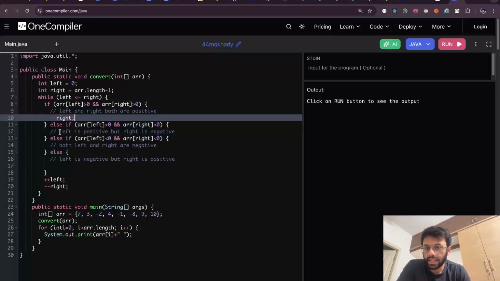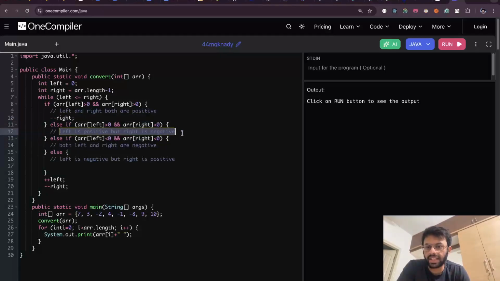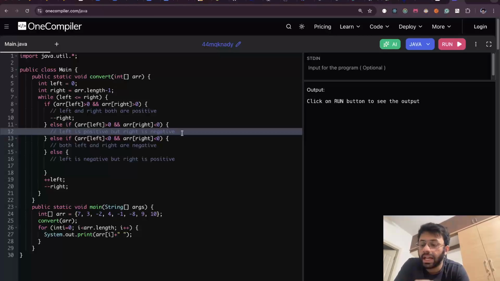Similarly, here left is positive but right is negative. Here both are wrong, isn't it? Left should be containing the negative elements, but left has a positive element right now. And right should be containing the positive elements, but right now has a negative element. So there is a mismatch in both the sides.